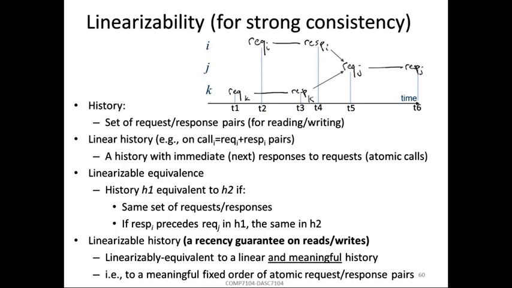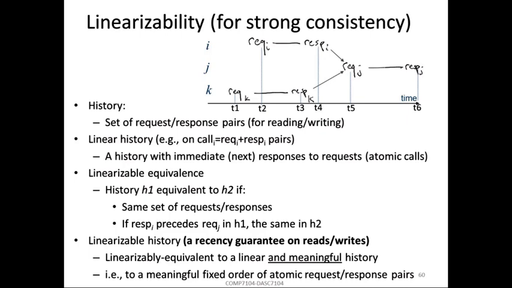Put otherwise, each request can only be followed by its response and not by some other request or some other response. So this is why we can say that it's an ordering of atomic calls instead: a history with immediate responses to requests. That's a linear history.